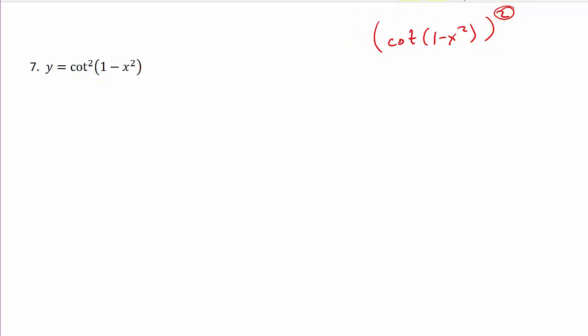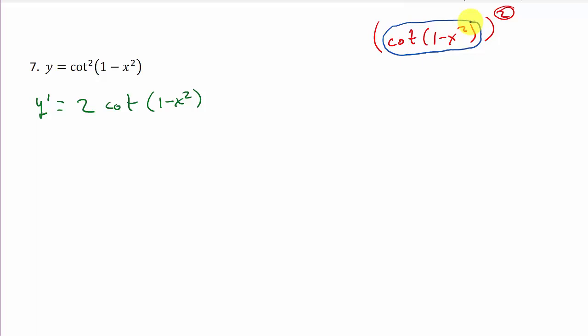So the 2 comes down, so I got y prime is 2 cotangent 1 minus x squared. Subtract 1 from the exponent, so if I subtract 1 from the 2, that leaves me with a 1, so that's just cotangent. And then it's times the derivative of what's inside the parentheses.